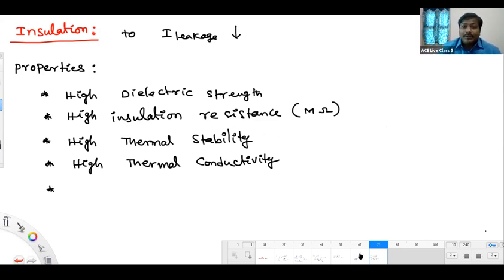Okay, next property I am going to say for this one: non-hygroscopic. Non-hygroscopic means it should not absorb any wet content, or you can say water content.